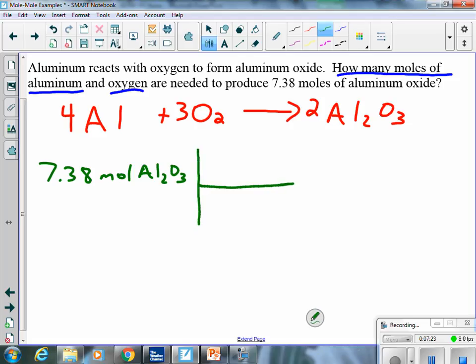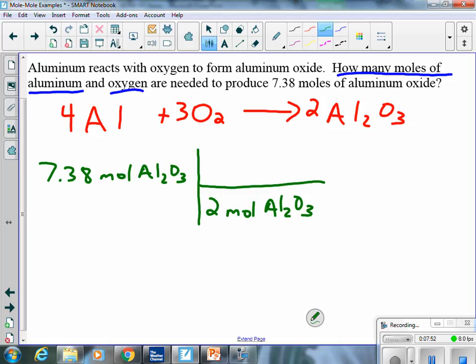So I have my conversion box. What do I want to cancel? Moles of aluminum oxide. How many moles of aluminum oxide? 2 moles aluminum oxide. And I said I was going to what? I was going to aluminum first.